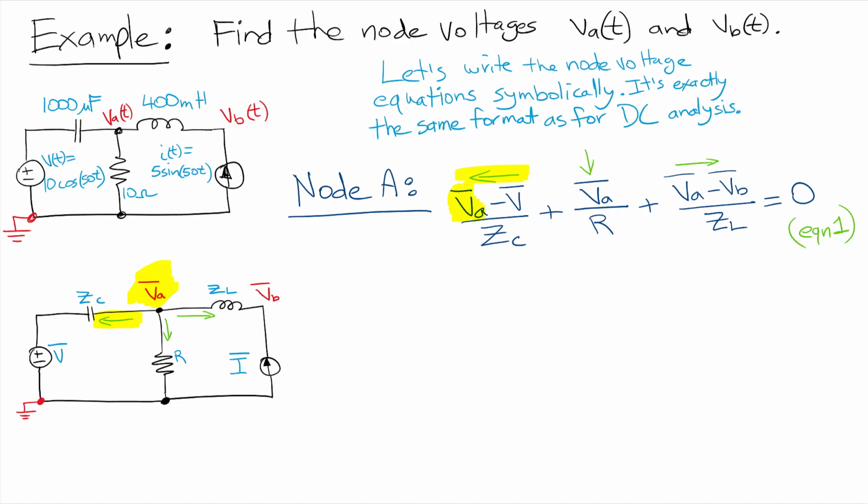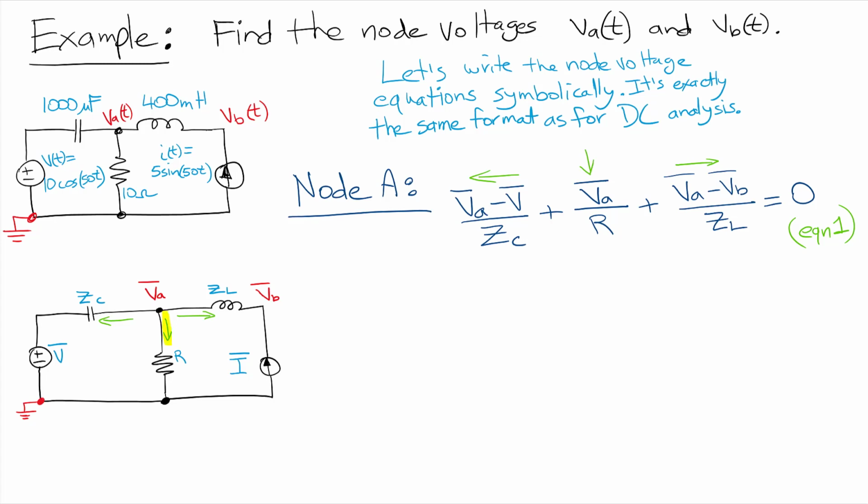Okay, and on the other side, we see the voltage V, so it's minus V. So it's following the same pattern. And then the circuit element, normally it would be a resistor, but in our case now we have ZC, and that's what appears on the bottom, ZC. Okay, so that is exactly the same pattern that we see in DC circuits.